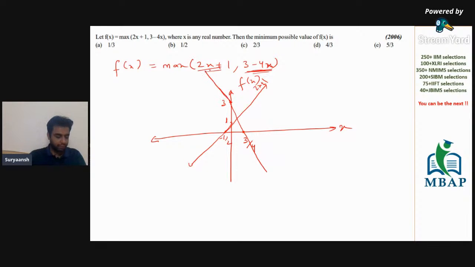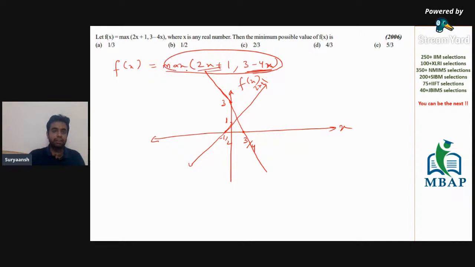This would be the graph for 3 minus 4x. Okay, all right.